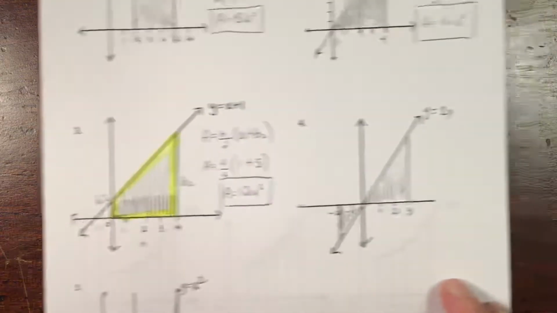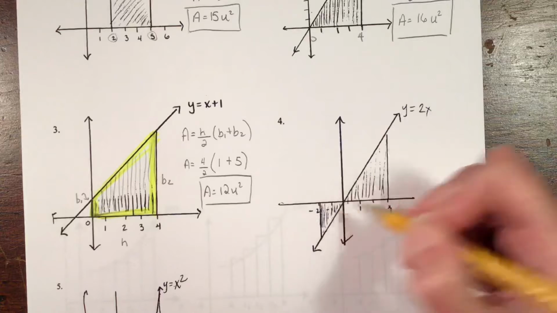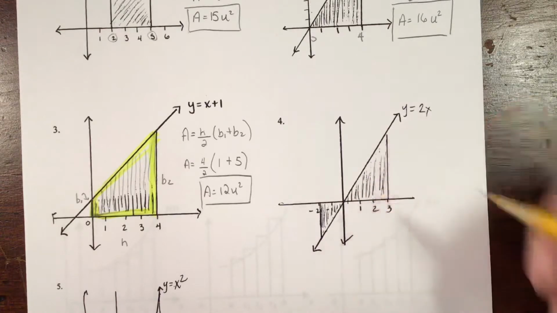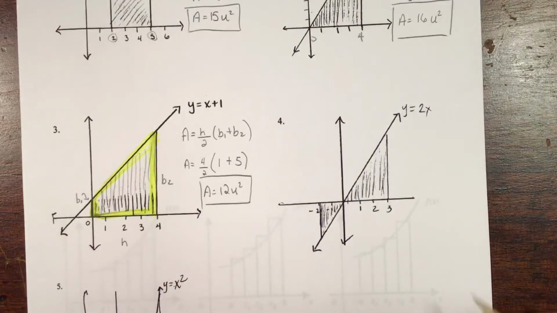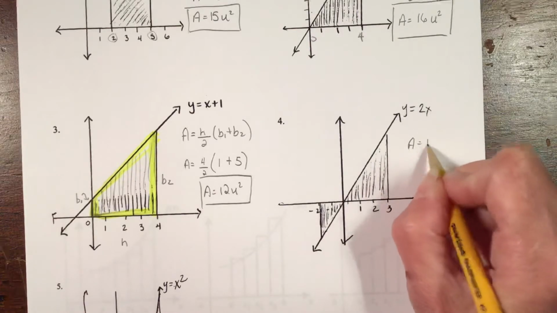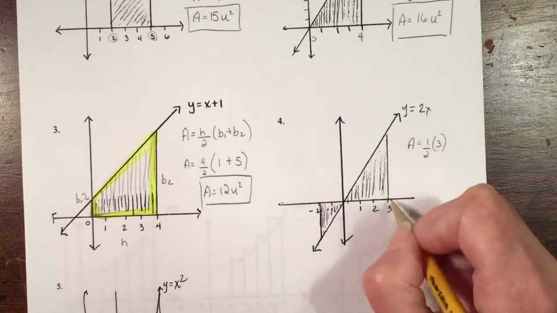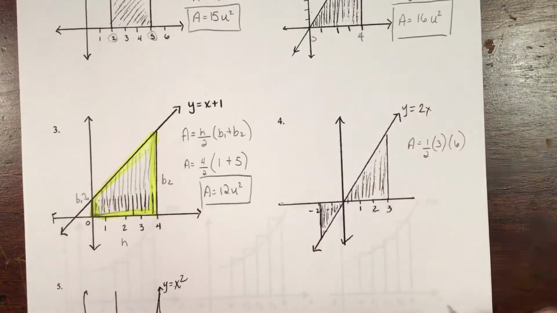Okay, moving right along. Now I want the area. Now I have 2 pieces. I have this triangle over here, and I have this triangle over here. Let's start with this nice triangle here. Area equals 1/2. My base is 3. My height is 6.